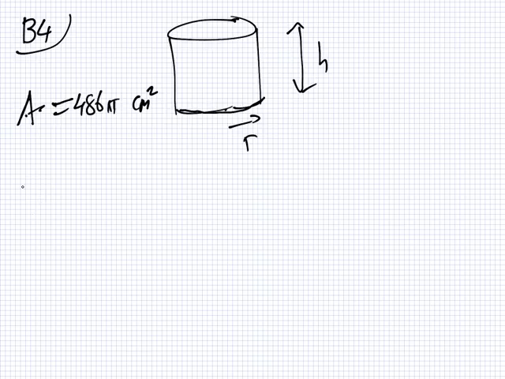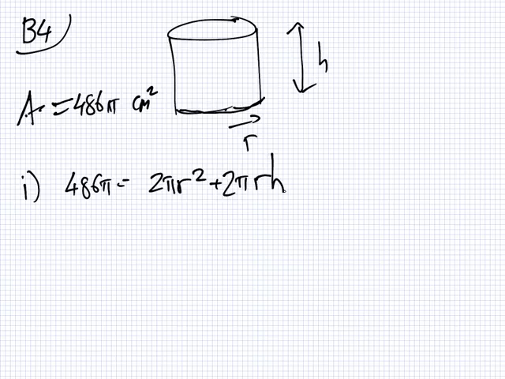Find an expression for H in terms of R. We could use the volume or the area. Yeah, I think that's what we'll go with. So we know that the area, which is 486 pi, equals 2 pi r squared plus 2 pi r h.